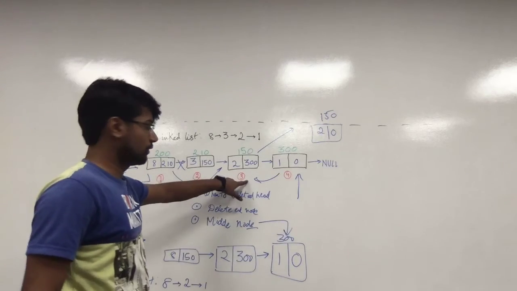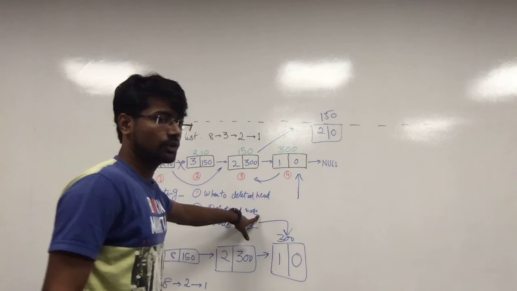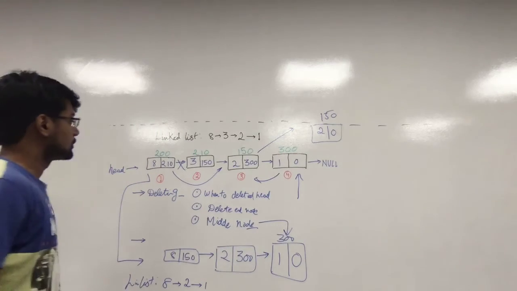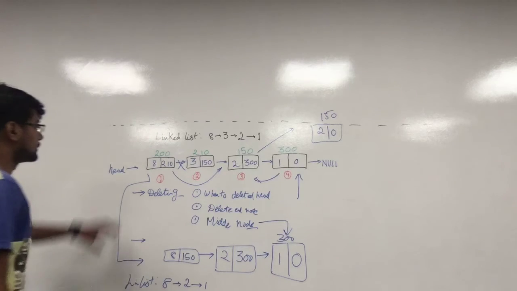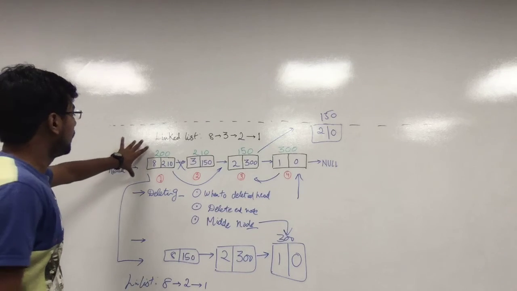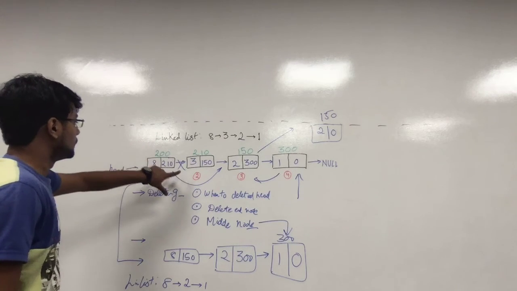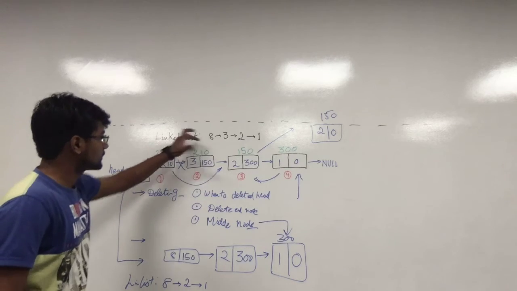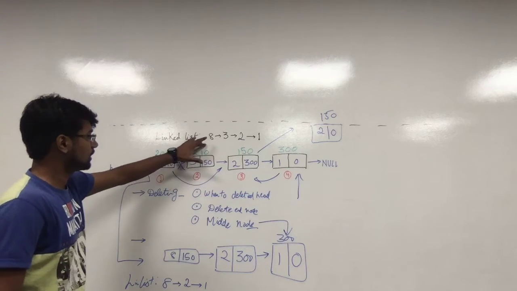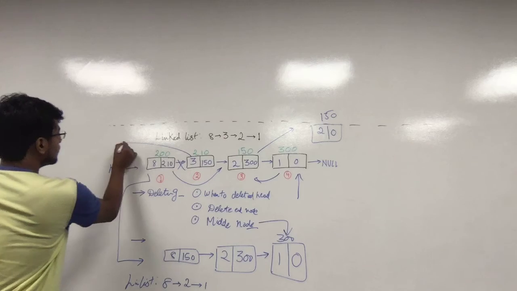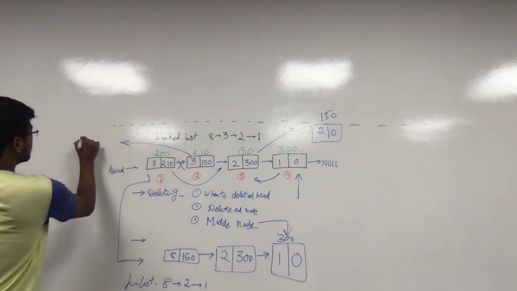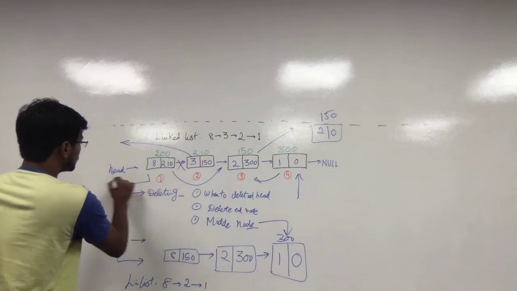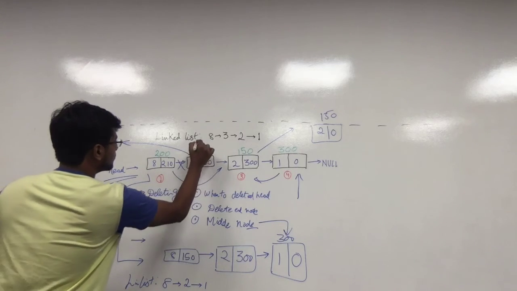So that was the case when you want to delete at the end of the list. So what about if you want to delete the head of the list? It's pretty simple. You have the head. All you need to do is traverse one step ahead, and make your head point to the second node.